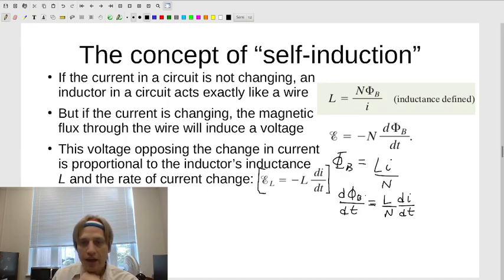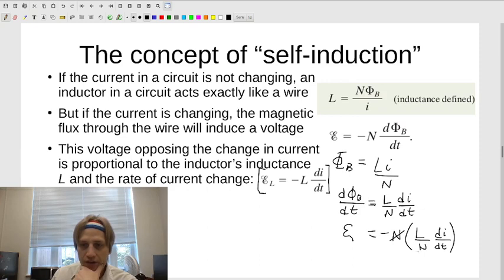Now, once I have that, I can stick this into my Faraday's law. And so what I get is that my EMF is equal to minus N times, and now I'm going to put this in for my change in flux per unit time, L over N dI dt.